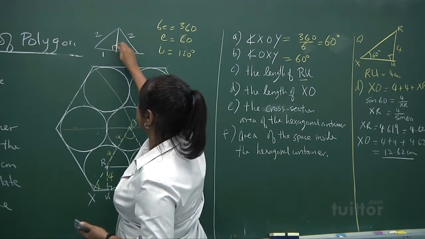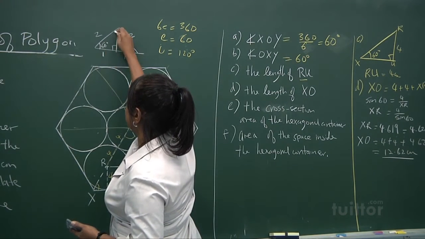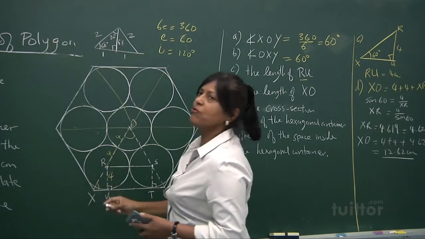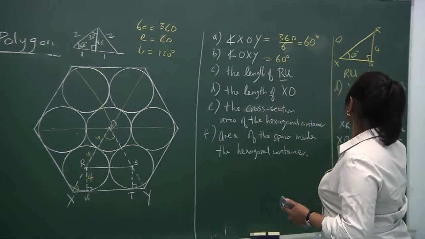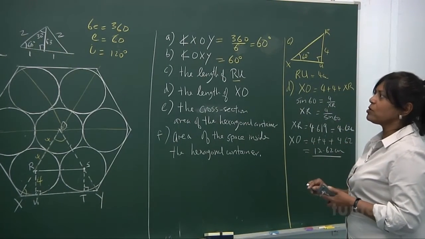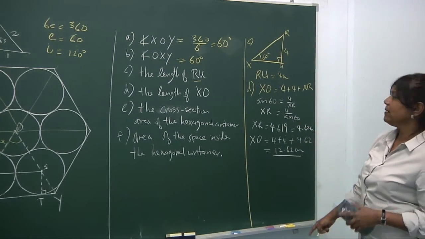By Pythagoras theorem, this will be root 3, this is 60 degrees, and this is 30. So your sine 60 is root 3 over 2, and you can also work that out using this.